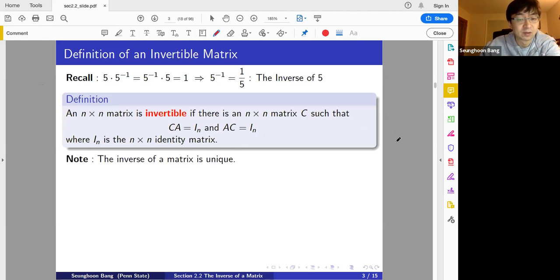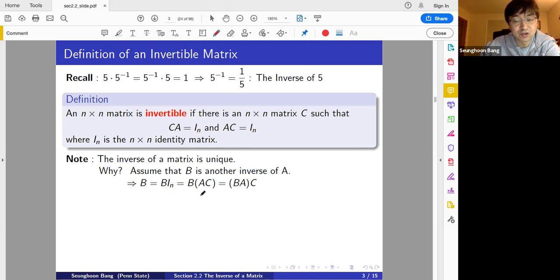Here, the inverse of a matrix is unique. Why? Assume that B is another inverse of A. What happens? B equals B times the identity matrix IN. You can replace this IN with AC, so B equals B times AC.